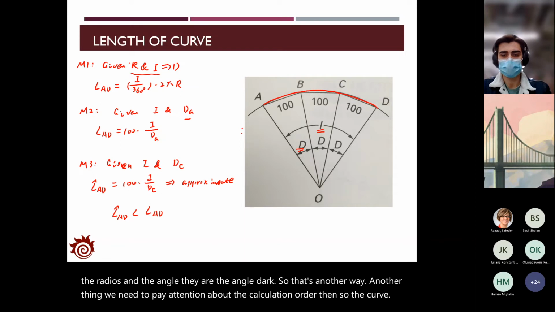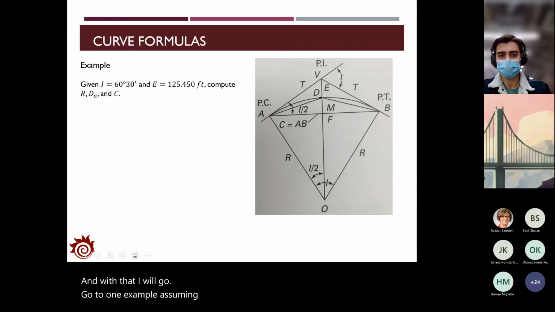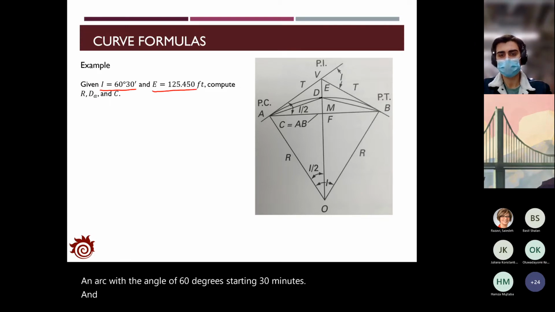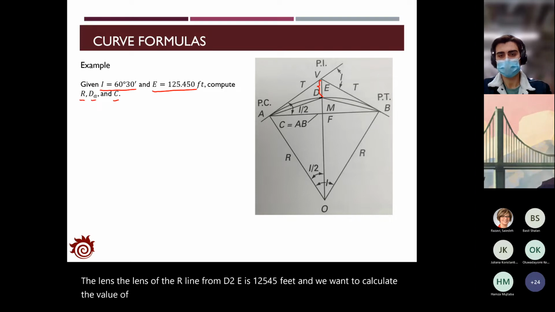And with that, I will go to one example. Assuming that you have an arc with an angle of 60 degrees 30 minutes, and the length of the line from D to V is 125.45 feet, and we want to calculate the value of R, Da, and C. So this one will require us to use the equations that we derived previously.